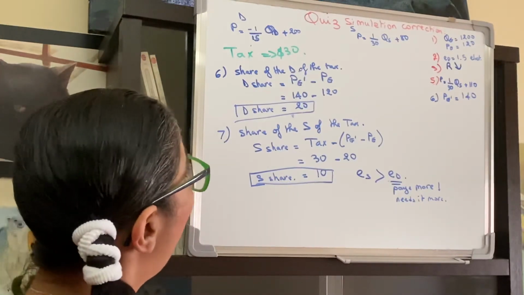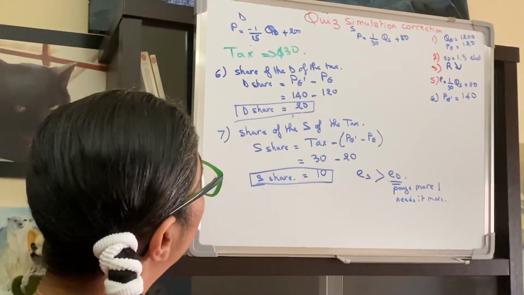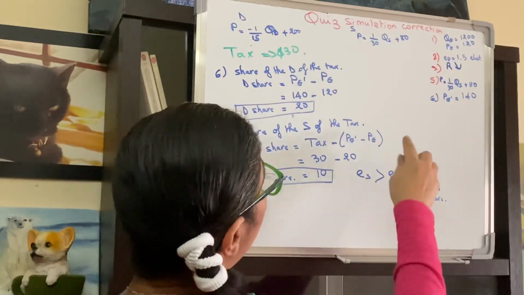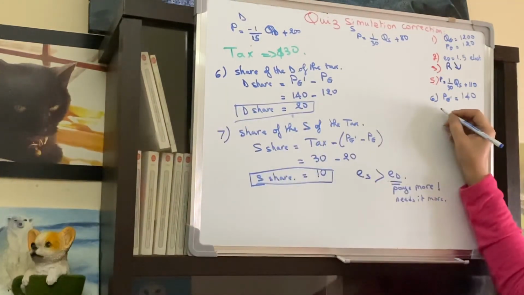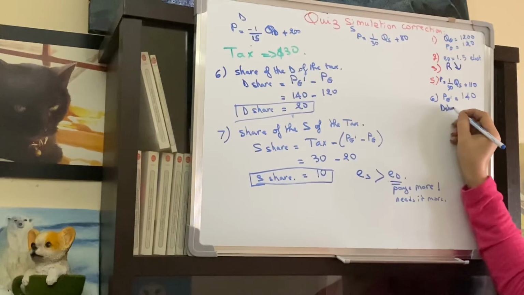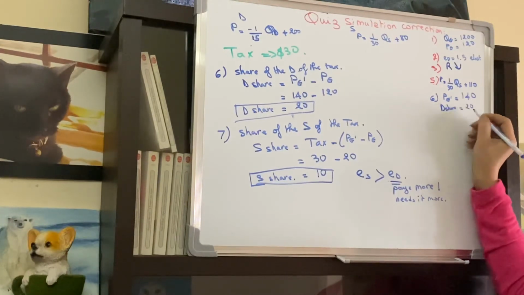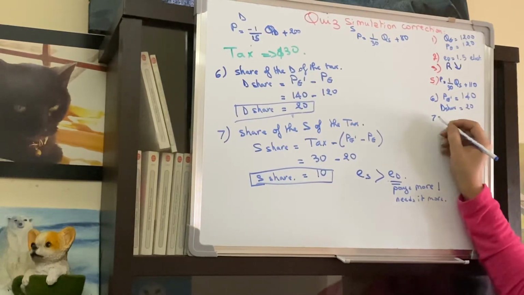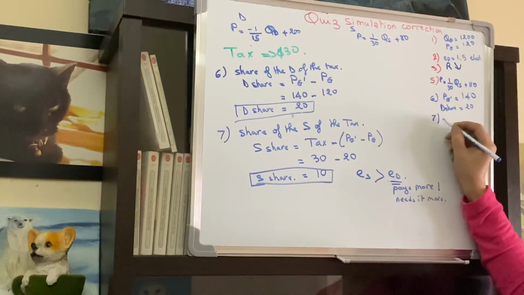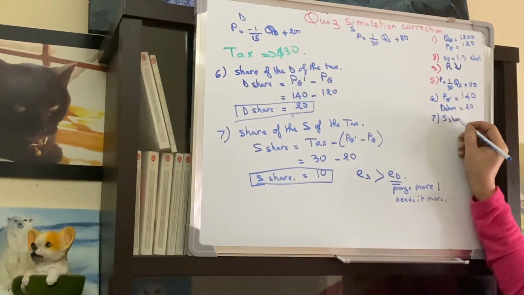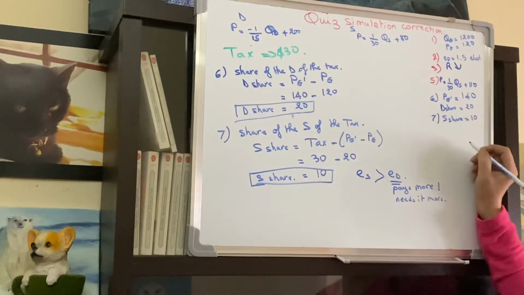Okay, so question, I'm so sorry, PE prime here. So the demand share is $20. And question 7, the supply share is $10.